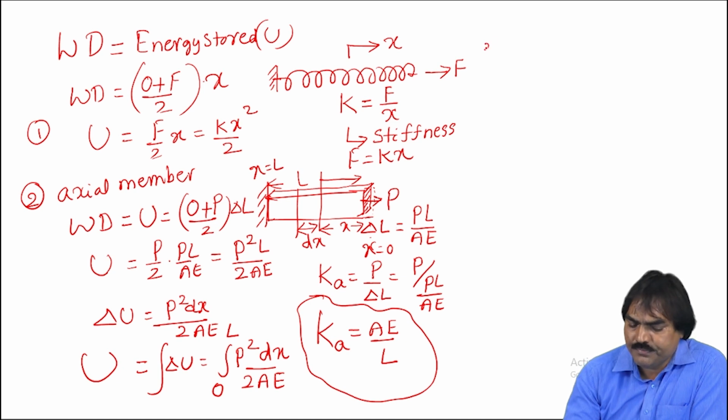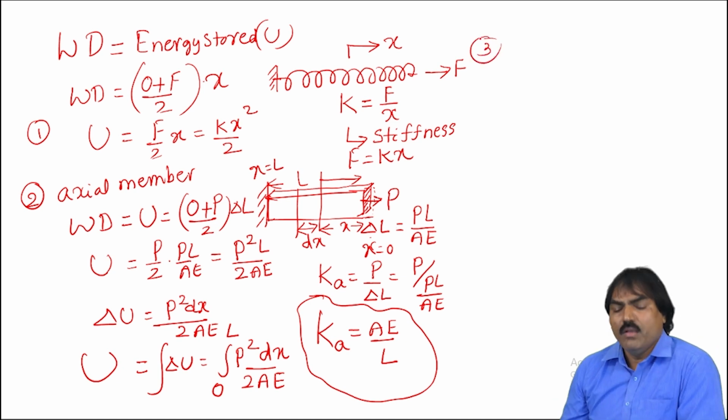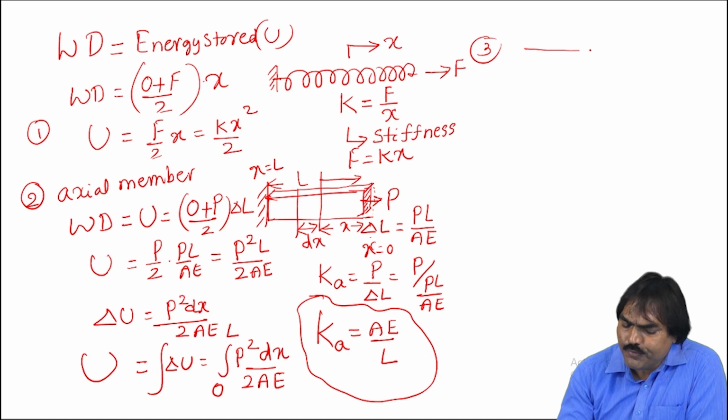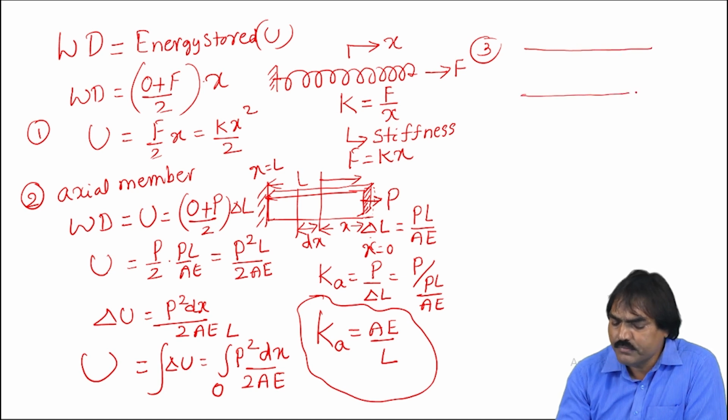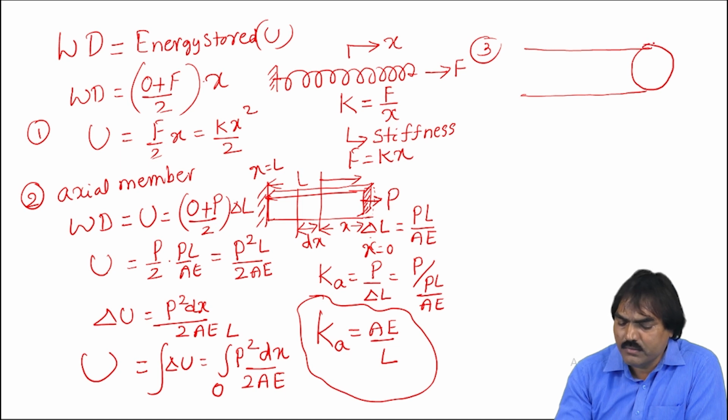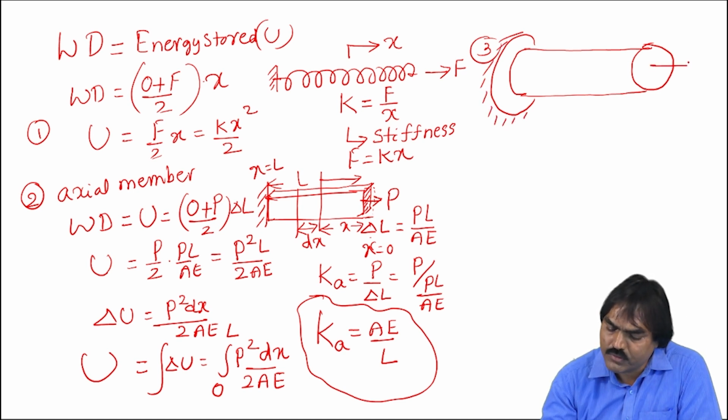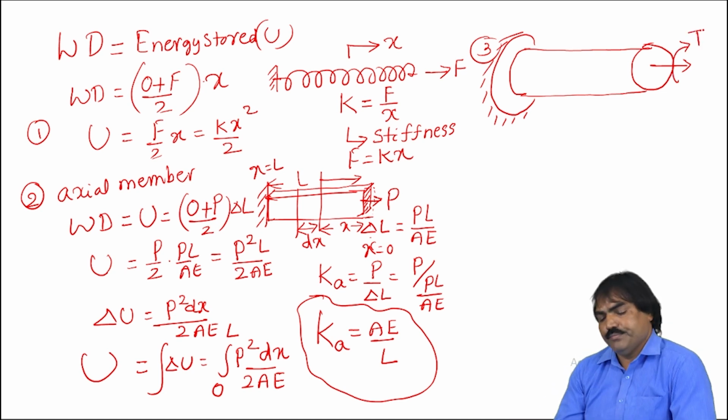Then the third one. Okay. Suppose if you take a shaft. Okay. This is the shaft. I am fixing this end. Fix this end when this is subjected to torque T. Okay.